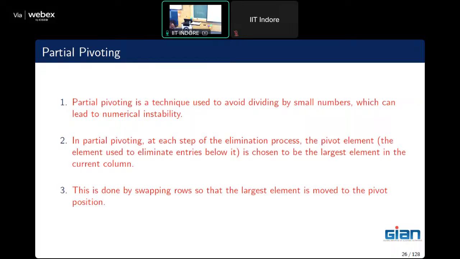And sometimes you will be using the elementary matrix instead of elementary operations, because the elementary matrix comes from elementary operations. Okay. So this is done by swapping the rows so that the largest element is moved to the pivot position, as I told you.